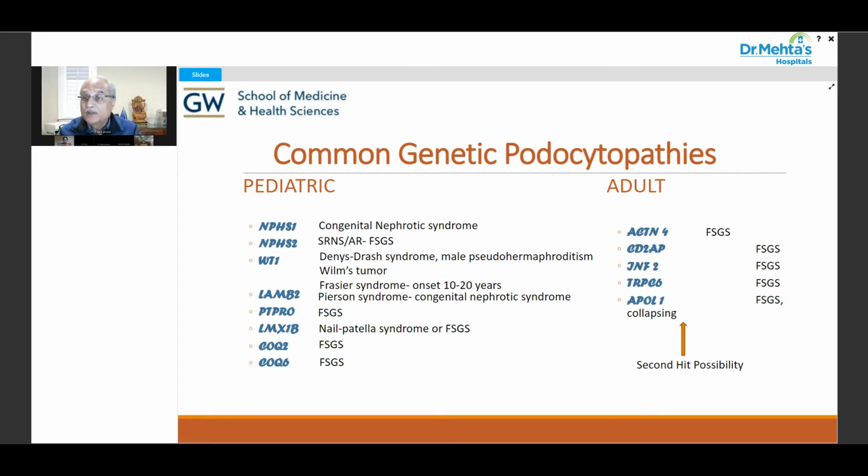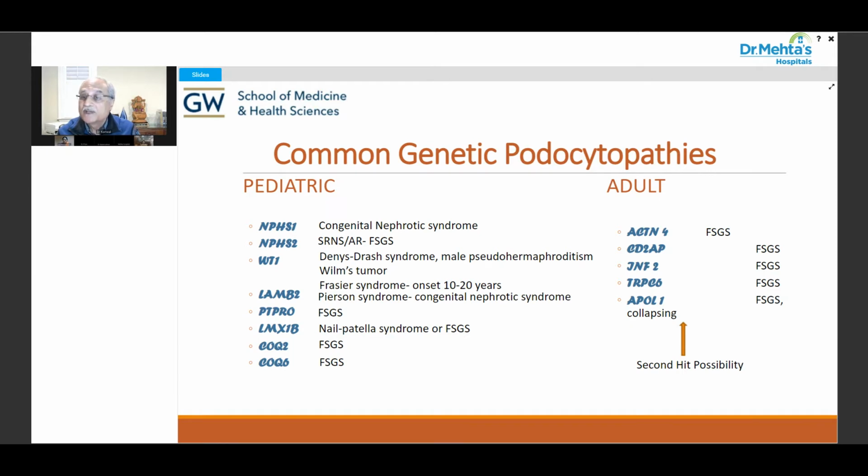The second part that I really want to emphasize is that in adults, these different types of podocyte injuries occur due to various genetic defects. But the interesting question is, why did they not present during the early years of their lives?